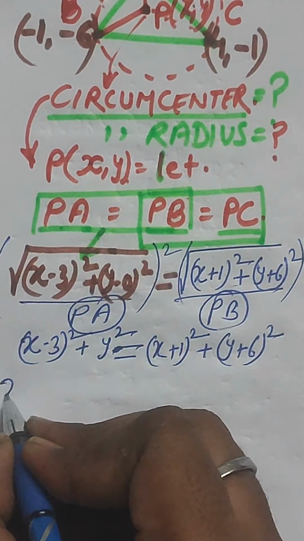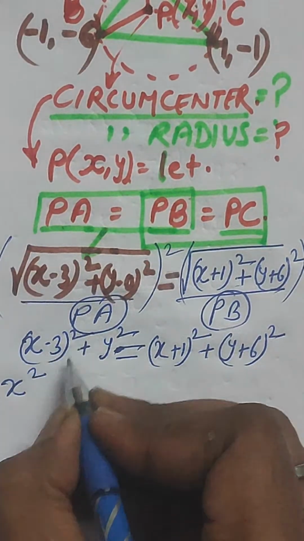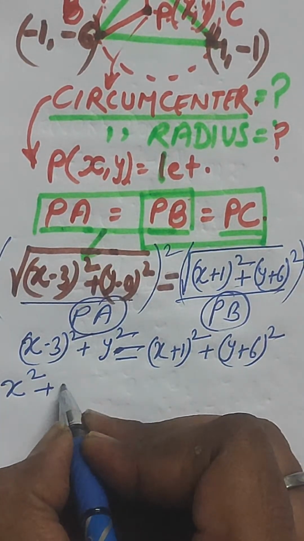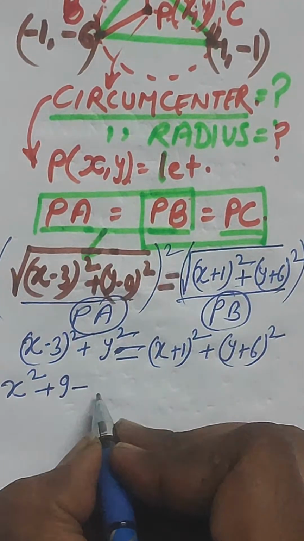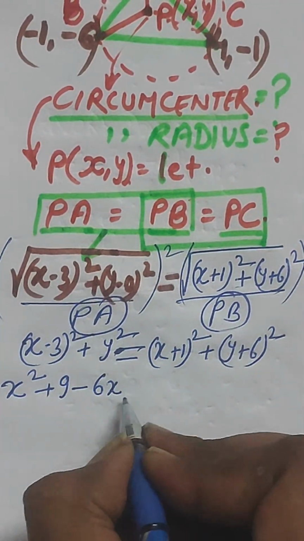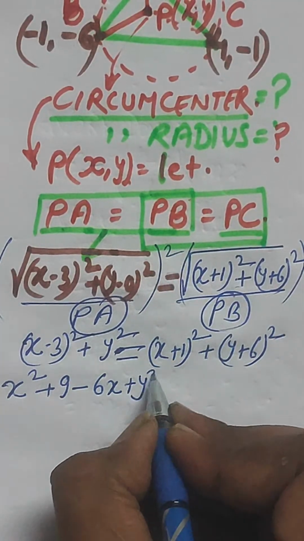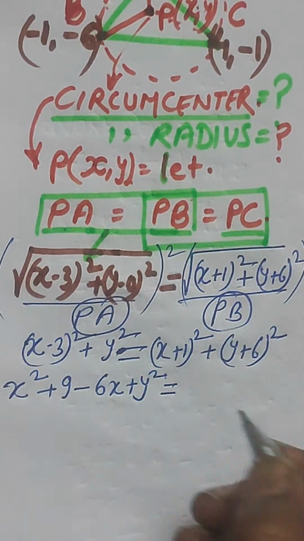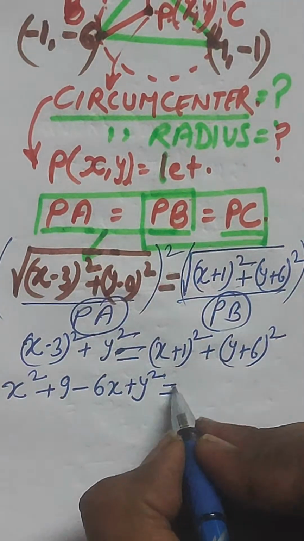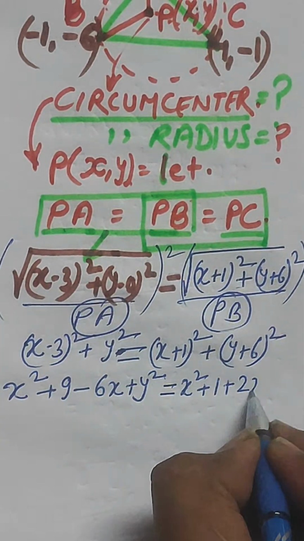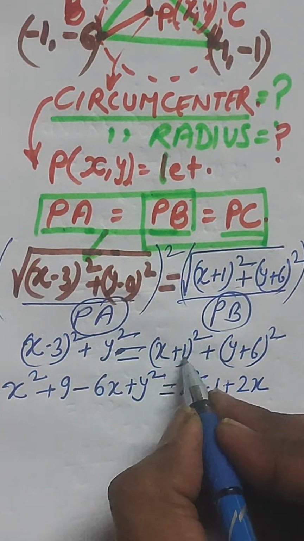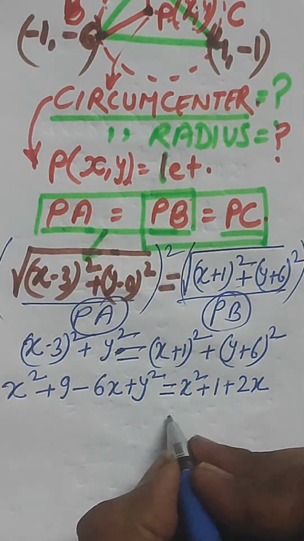Break the LHS using (a minus b) whole squared: x squared plus 3 squared, that is 9, minus 2 into 3, that is 6x, plus y squared. And on the RHS we have x squared plus 1 plus 2x, expanding the form (a plus b) whole squared, nothing else, right?